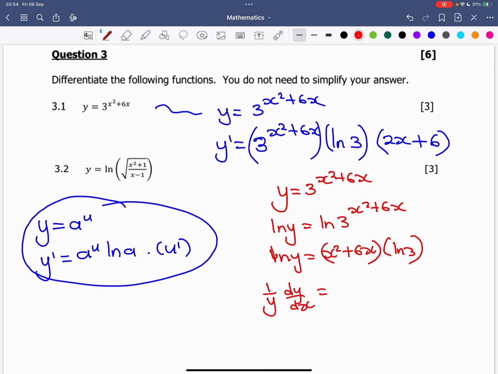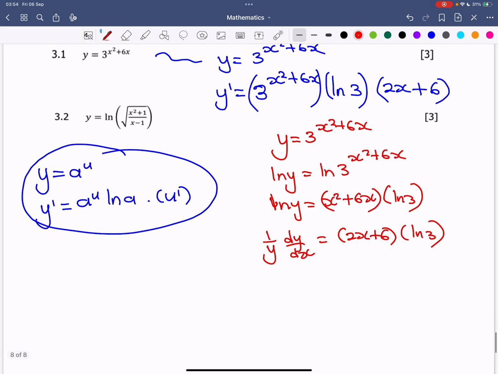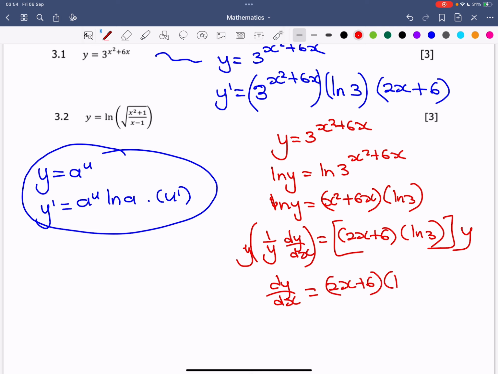The derivative of that is 2x plus 6, and then multiply by ln of 3, which doesn't change, it's just a constant. Then we're going to multiply both sides by y, and dy over dx equals 2x plus 6 multiplied by ln of 3 multiplied by y.